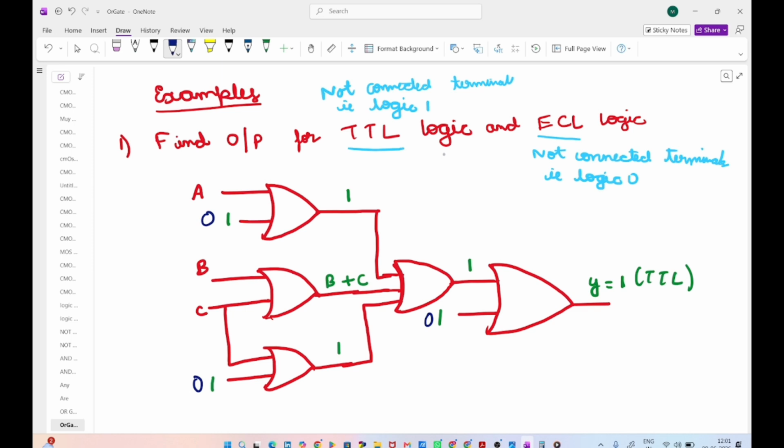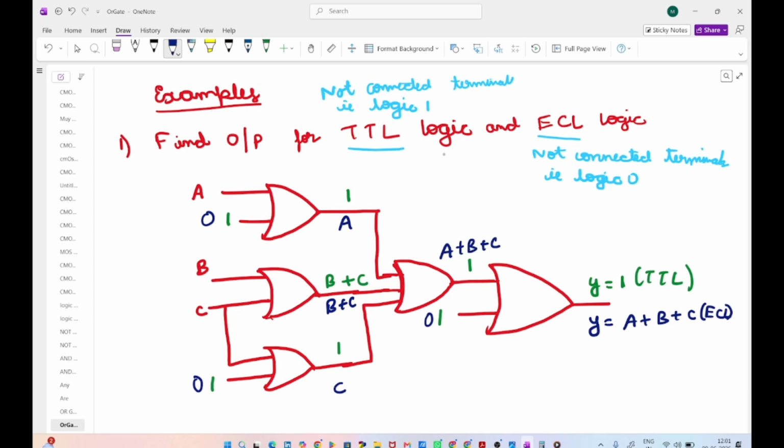We know that in this situation, the output is A, right? Here the output is simply B plus C. Here the output is C. Next write the output here as A plus B plus C, and then Y is equal to A plus B plus C. This is the output for ECL logic.